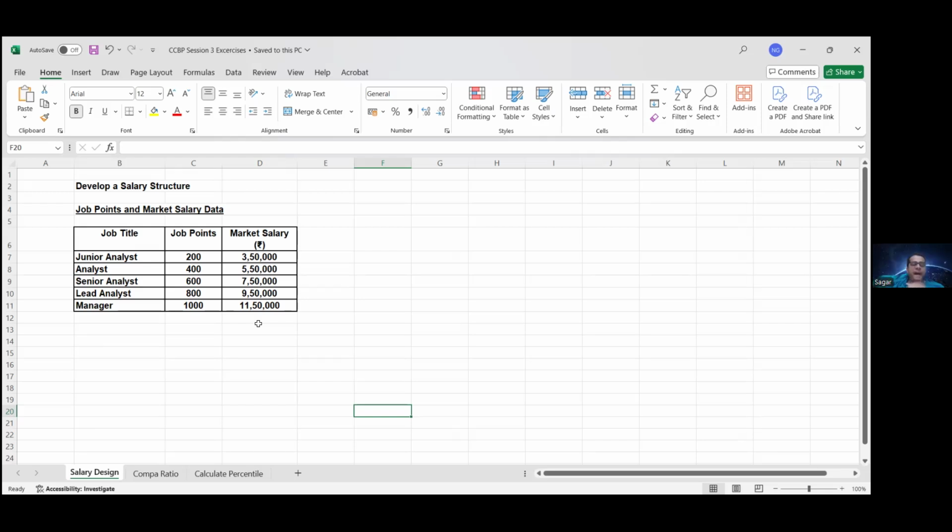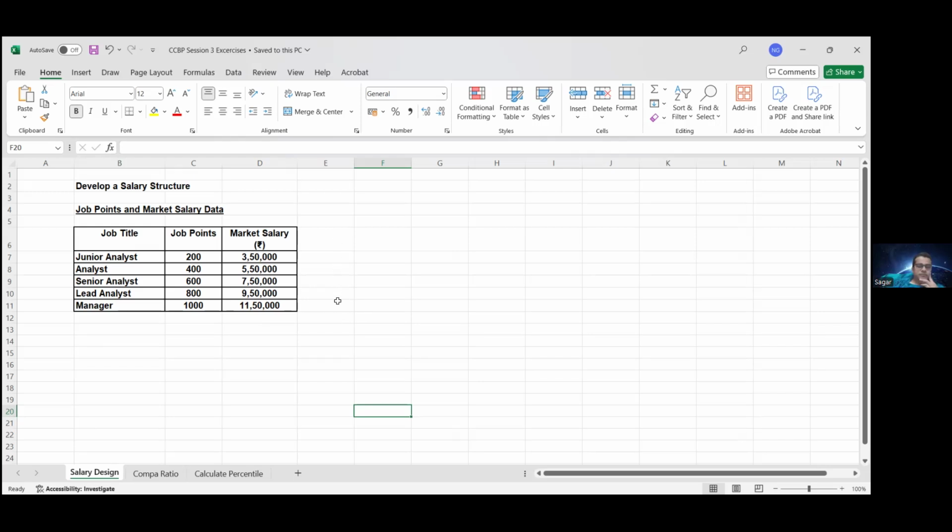So now, when you have to design a salary structure, step one, tell me anybody, what will you do? You have to do regression analysis, and then you have to get a pay line so that you will create a pay line salary. Sagar asked me last time, ma'am, what is the pay line salary?